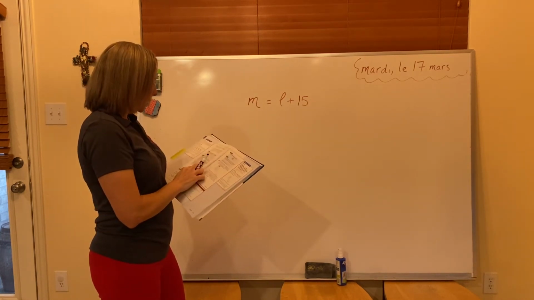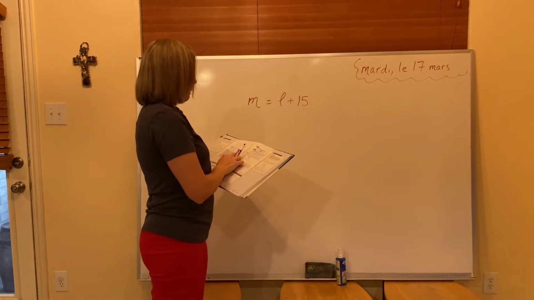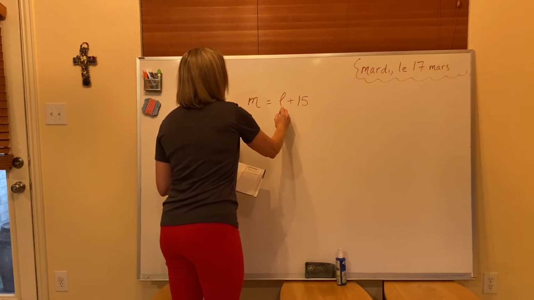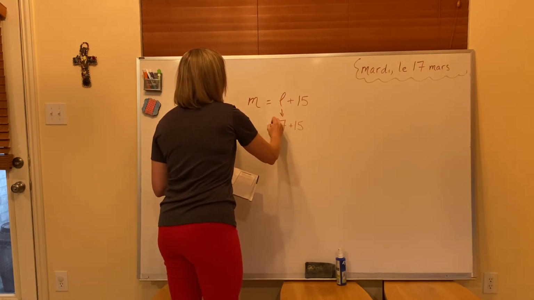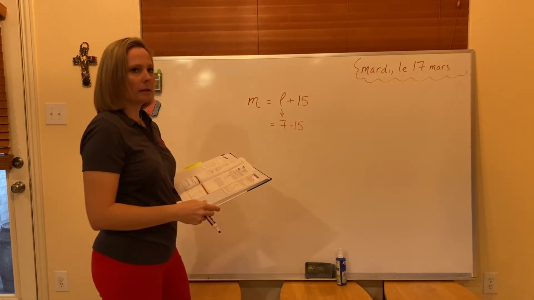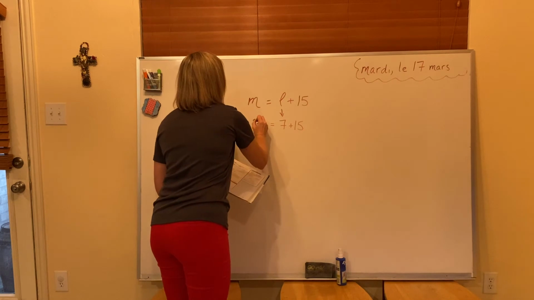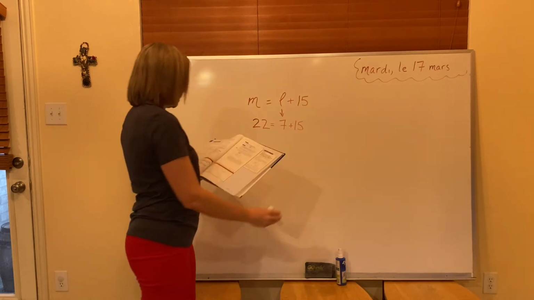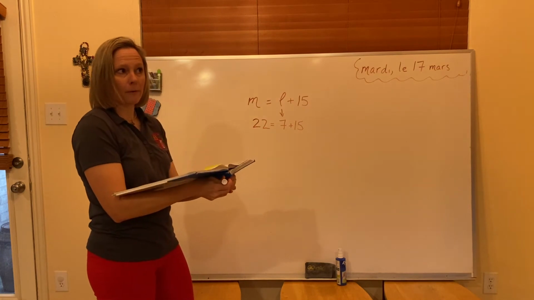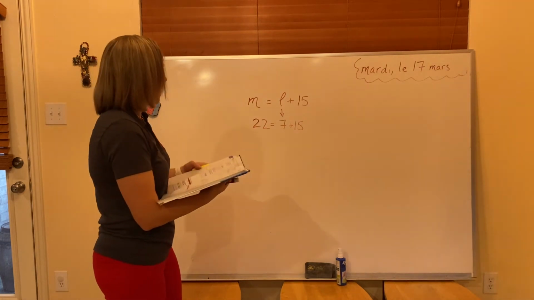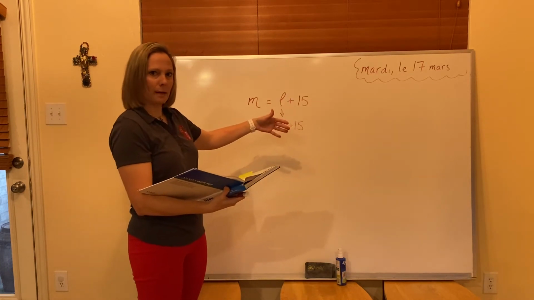Let's solve for 7. When L is 7, we add 15. Help me out here, guys: 7 plus 15 is 22. M will be 22 in that chart. And that is how we determine a function rule and use that rule to figure out the missing numbers in our chart.